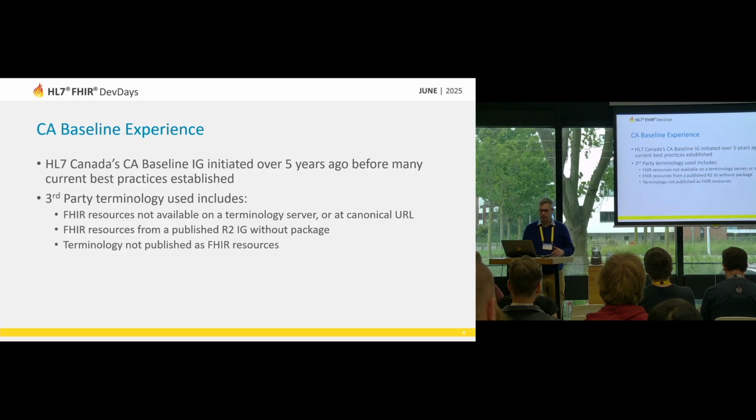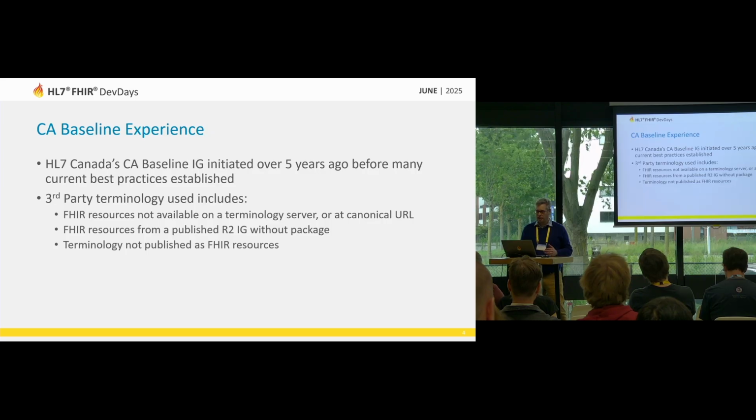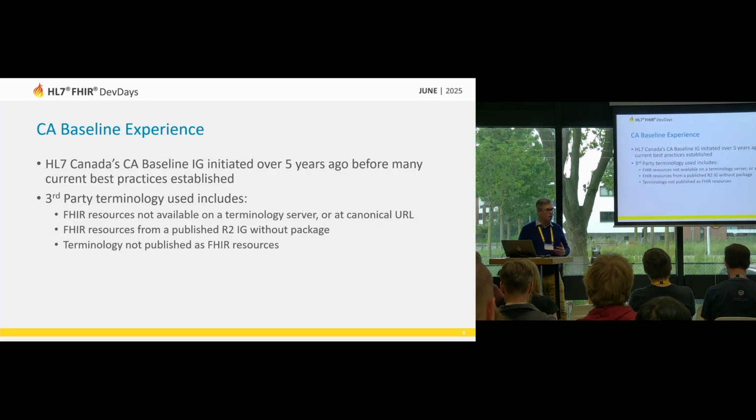Okay, a little bit of history. The HL7 Canada CA Baseline FHIR Implementation Guide started development over 5 years ago and was inspired by the US Core, with the idea of tailoring it for the Canadian environment, using Canada-appropriate terminology rather than the American terminology.